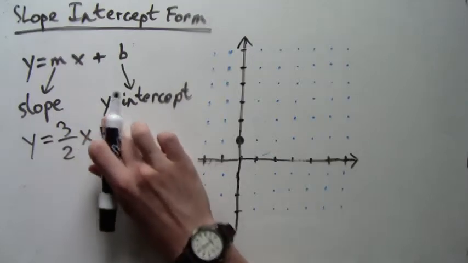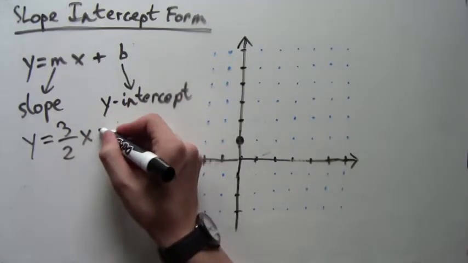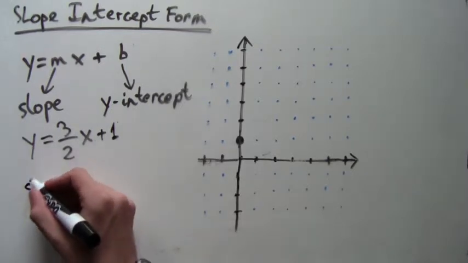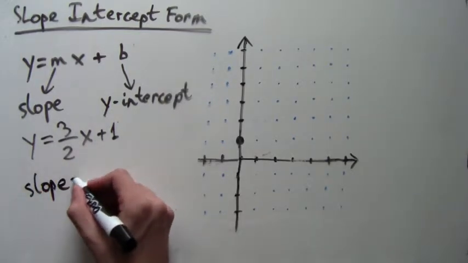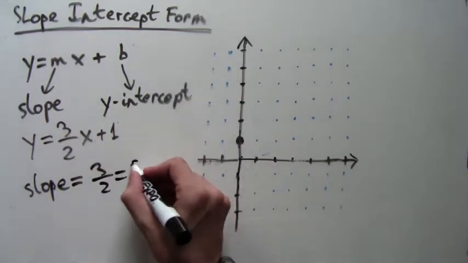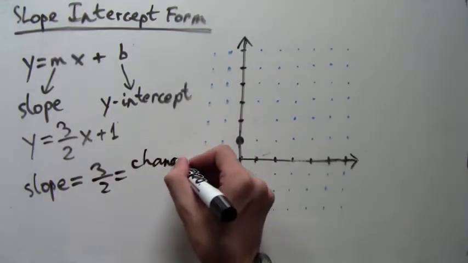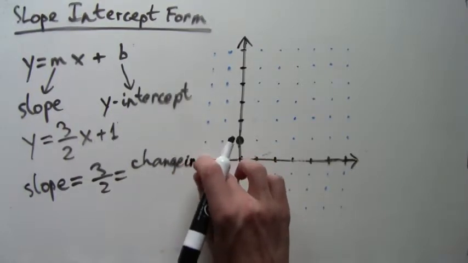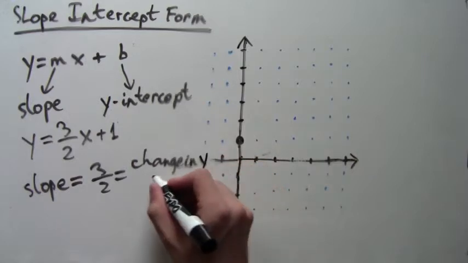Now we can use the slope to complete our linear plot. Slope equals, in this case, 3/2, which is the constant that we multiply times x. But in general, we know that the slope is the change in y over the change in x.